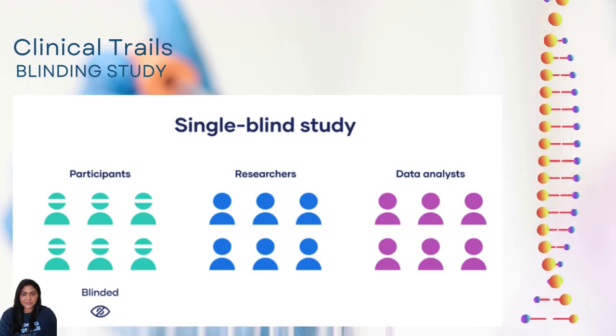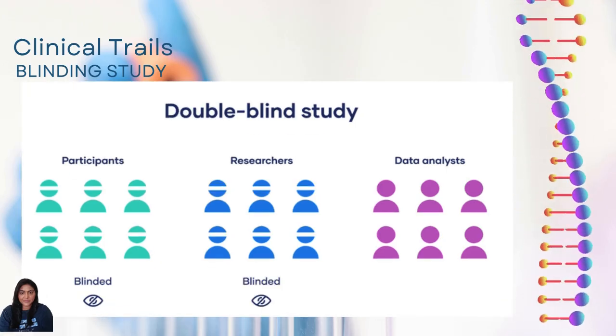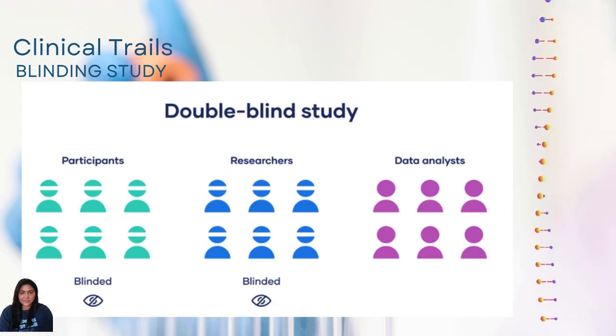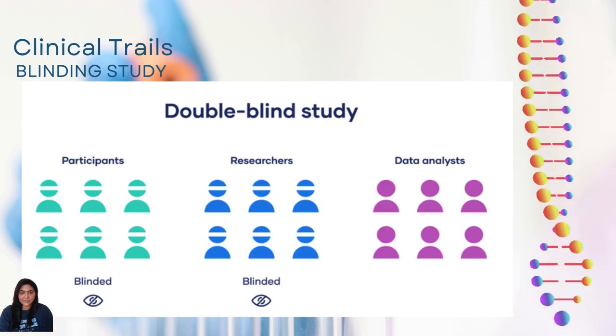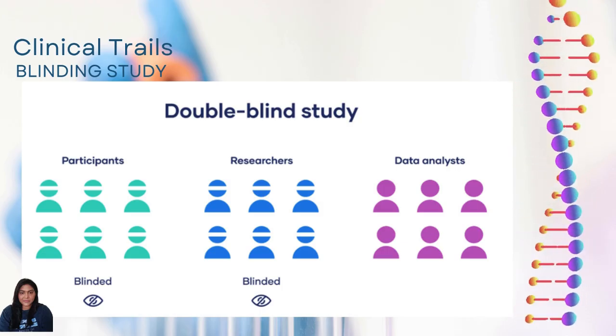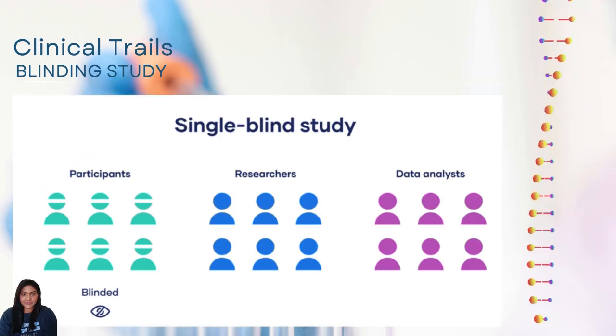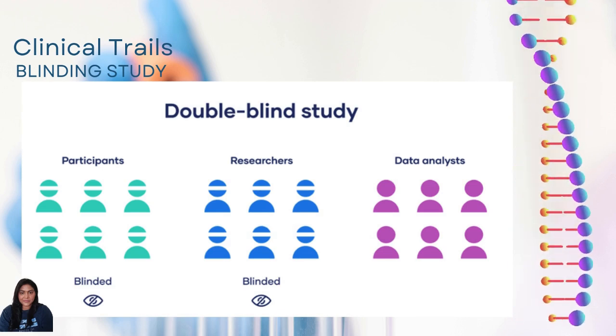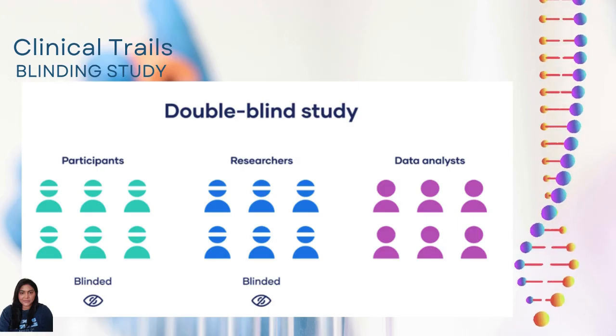Let's discuss the double blind study. Double blinding means that when the researchers who administer the experimental treatment are aware of each participant's group assignment, they may treat those in the control group differently from those in the treatment group.